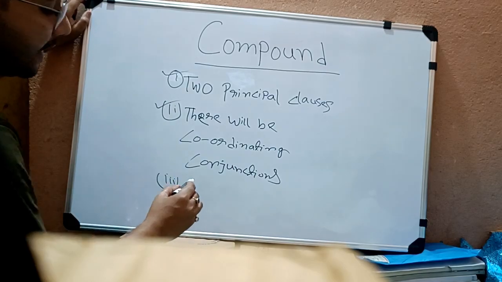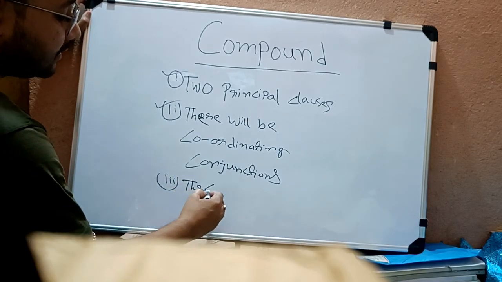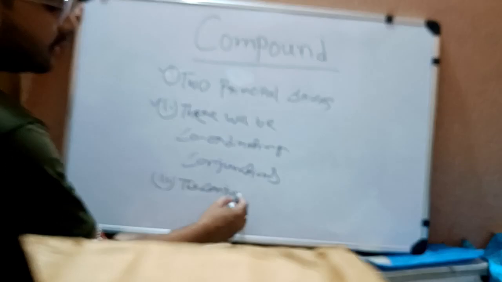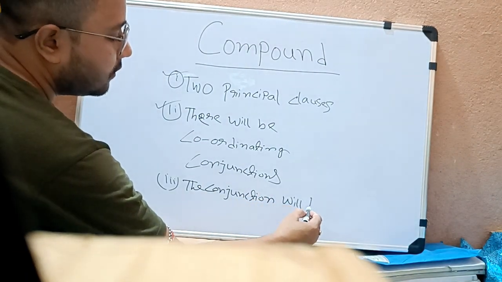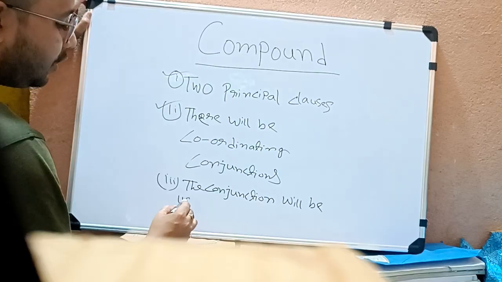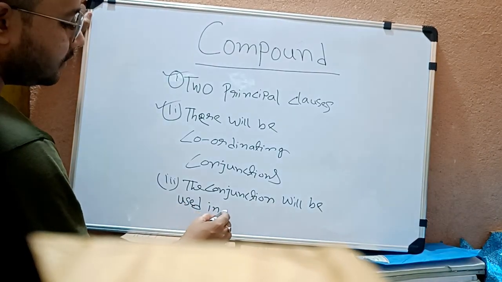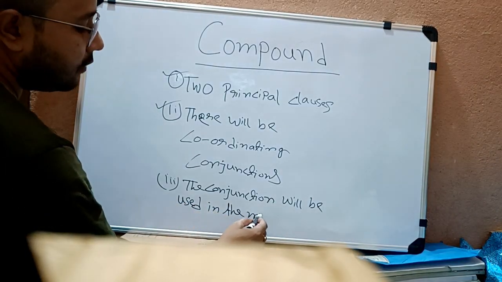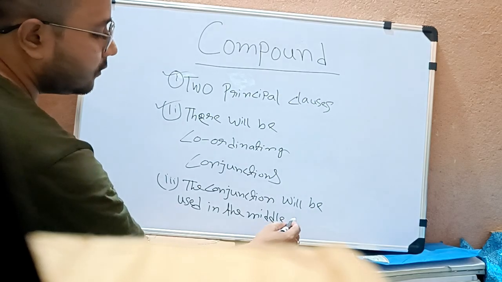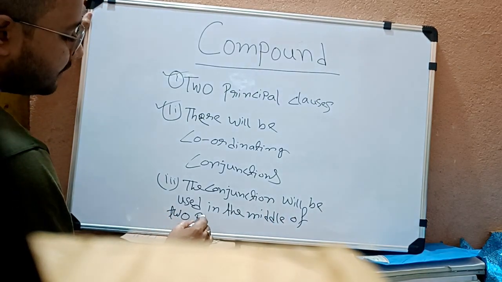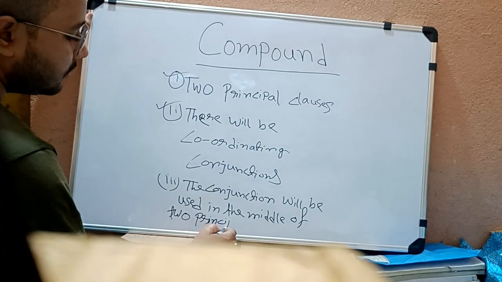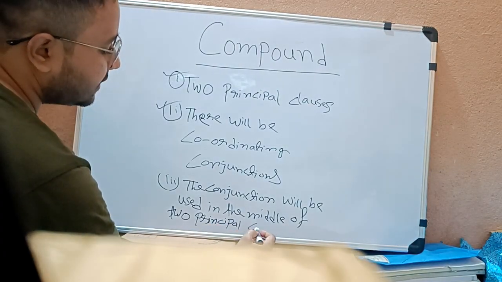The third one is that the conjunction will be used in the middle of two principal clauses.